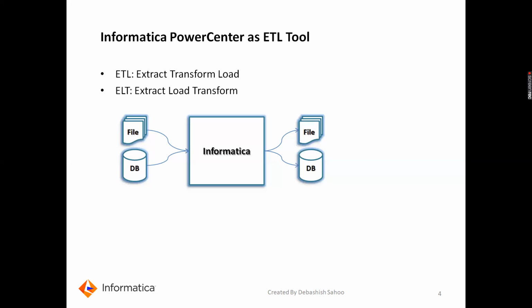It may not perform as well for direct processing as Spark and other tools, but it offers that flexibility. It can perform the transformation directly at the target end based on your requirement.